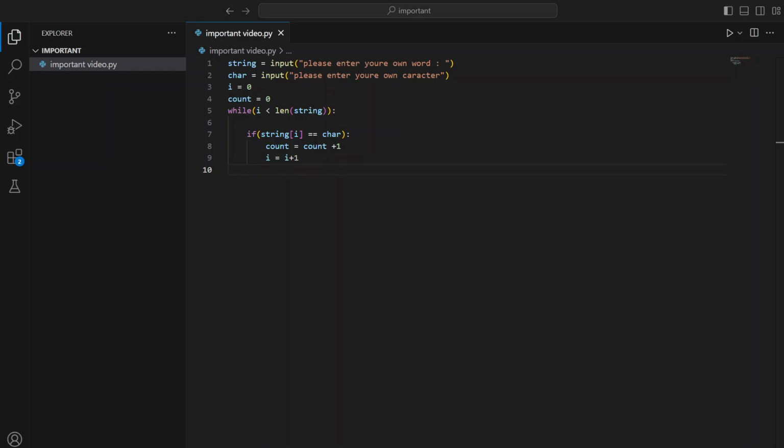And then print the total number of times.